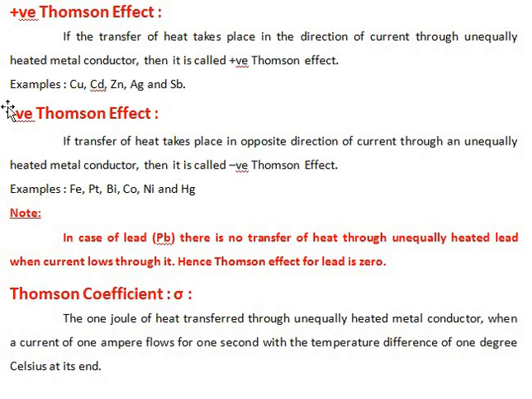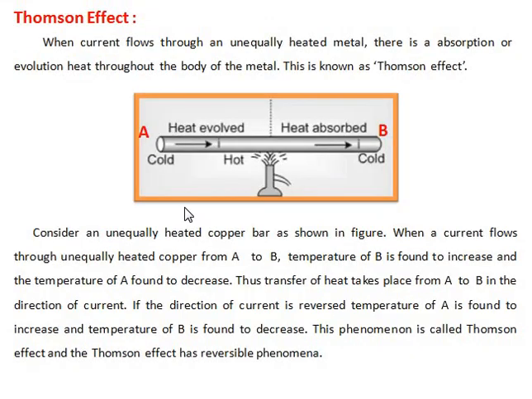And there is one more, that is the negative Thomson effect. If transfer of heat takes place in the opposite direction of current in an unequally heated metal conductor, then it is called the negative Thomson effect. In the sense, dear students, if the direction of current is from A to B and the A end is found to increase in temperature and the B end is found to decrease, this is known as the negative Thomson effect.